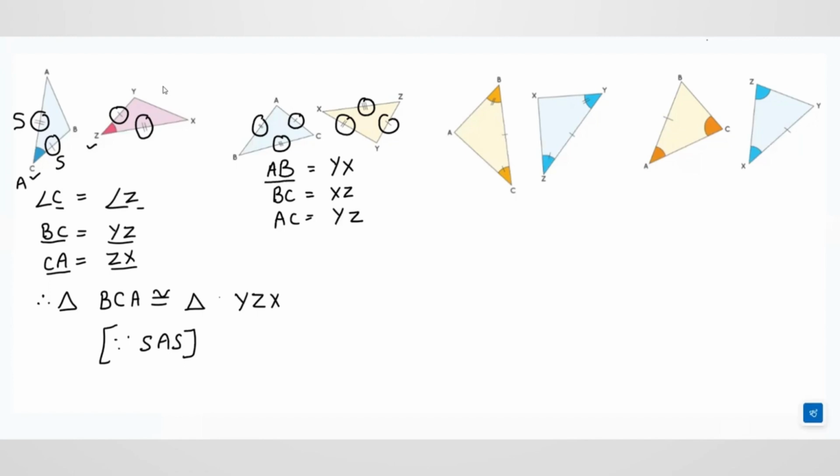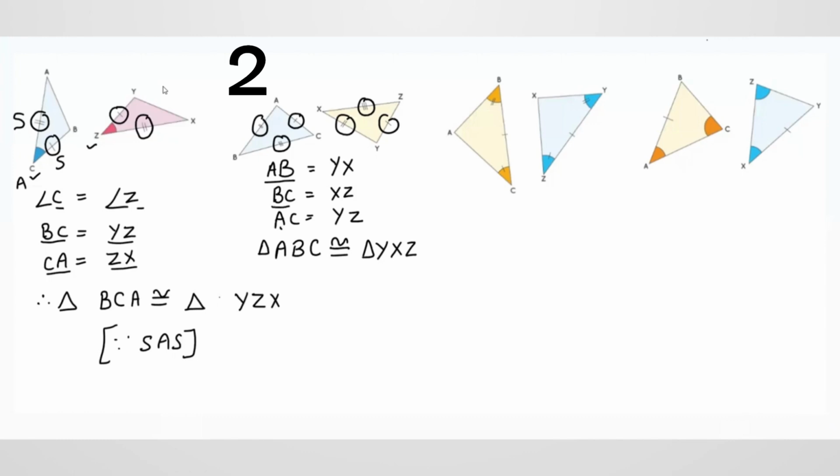the first criterion I will write on triangle AB. So with AB on the other side it would be YX. Then it says BC. So along with B I have to write on C, and it says XZ. So along with X I will write on here Z. That means triangle ABC is congruent to triangle YXZ.